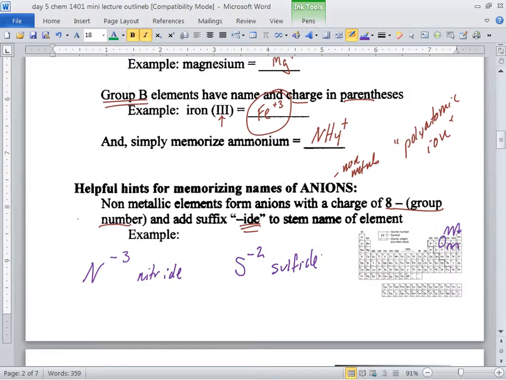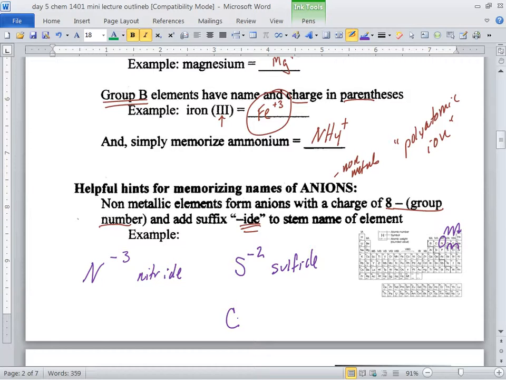I'll just do one more to make sure you're following me. Carbon. What's the ion that carbon forms? All right? And what's its charge? Its name? Rebecca, what would you say? What would be the charge on it? On carbon.